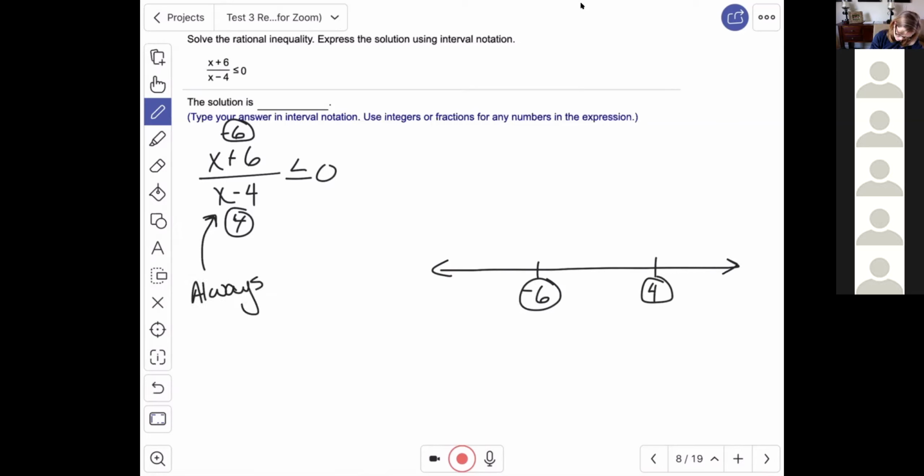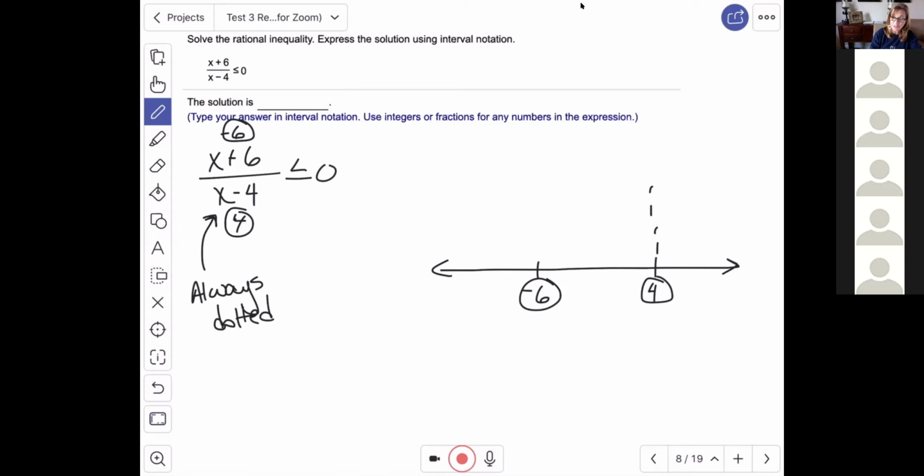So if you're writing notes that you're going to use when you are taking the test, remember the denominator, always dotted. And the reason is, if I were to plug 4 into this function, I would get 0 in the denominator, which is not defined. So it can never, ever be a part of the solution. So we draw a dotted line.